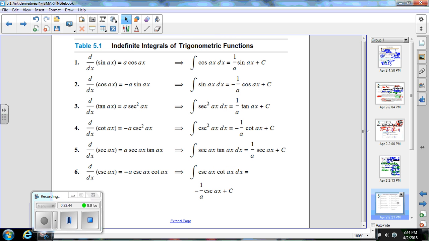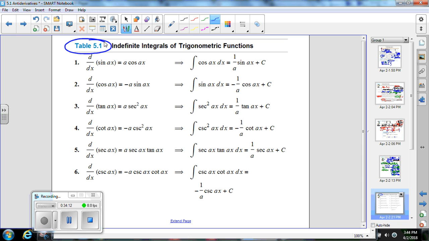We're going to refer to that table as 5.1. It's from your book. It has the integrals for trigonometric functions. That's why I want to give you guys homework, and expect a good amount.